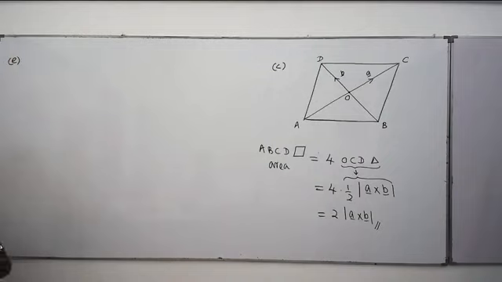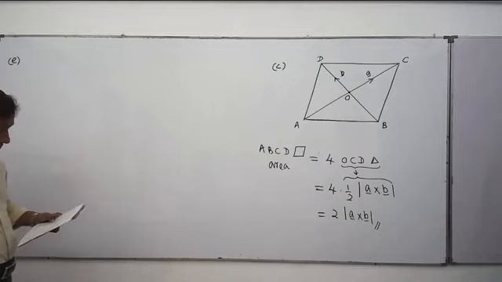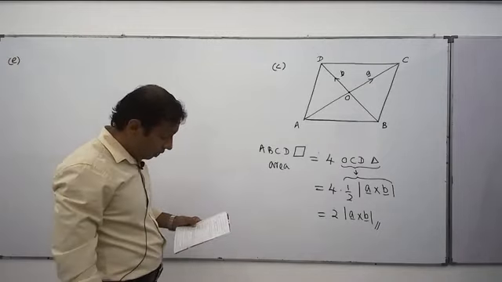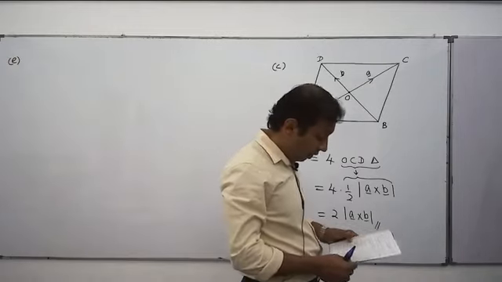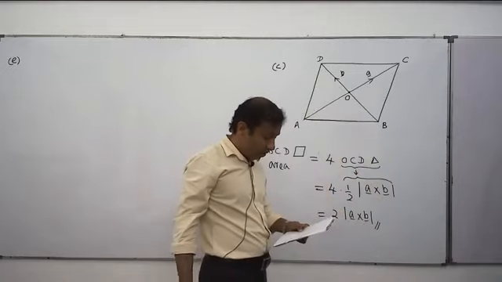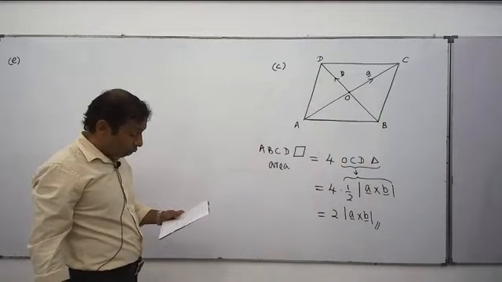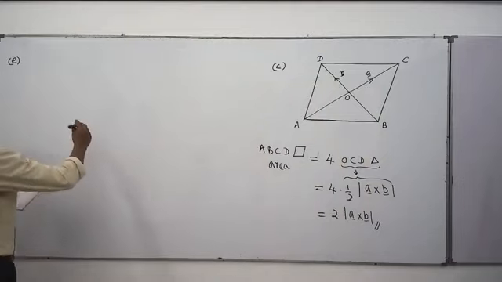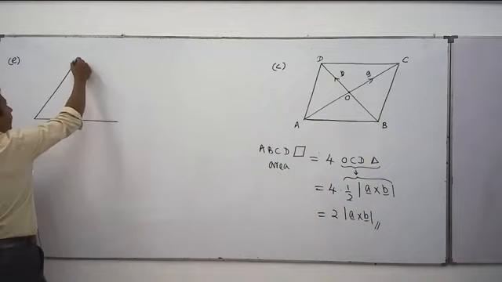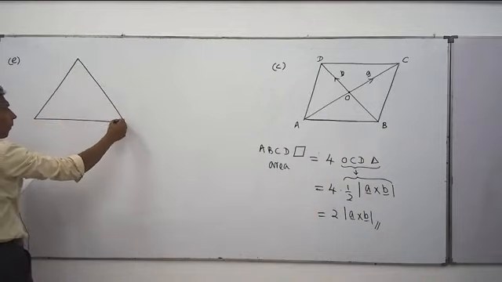Part E. The position vectors of the points A, B, and C of the triangle ABC are A vector, B vector, and C vector respectively. This is our ABC triangle.